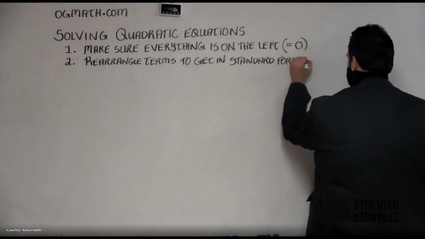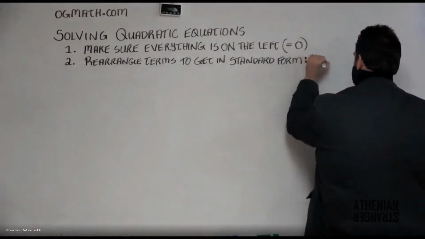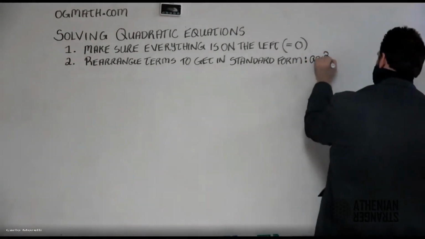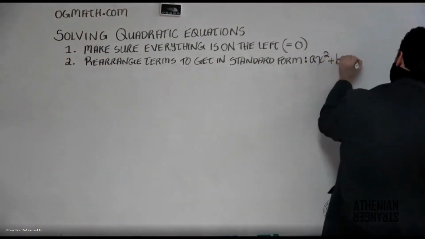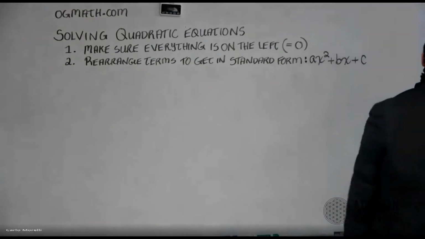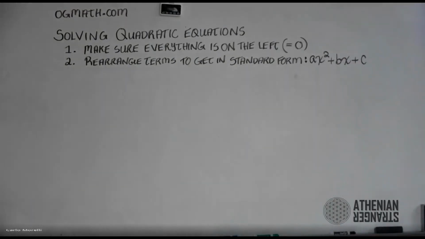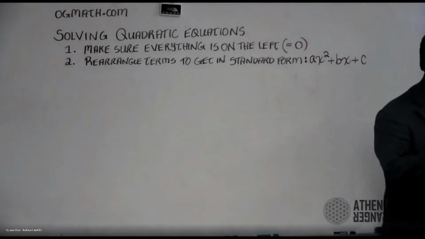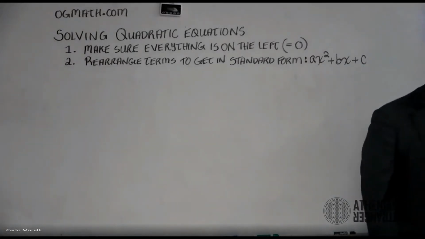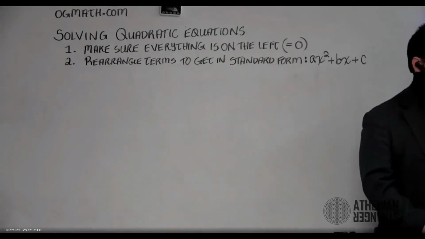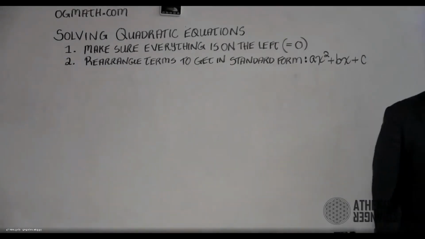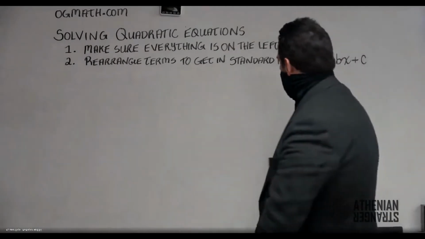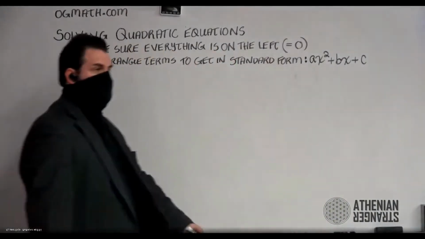Here's standard form: ax squared plus bx plus c, where a, b, and c are some numbers. They can be positive or negative, they can be fractions, it doesn't matter.